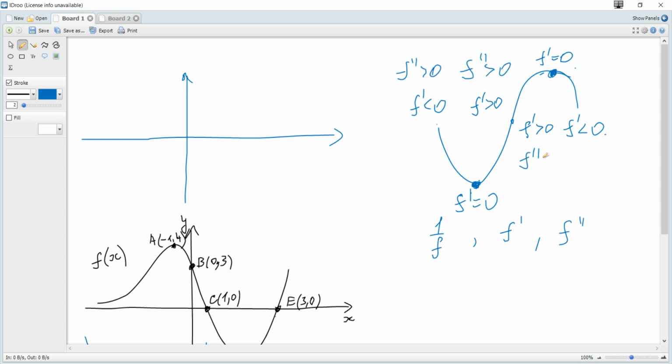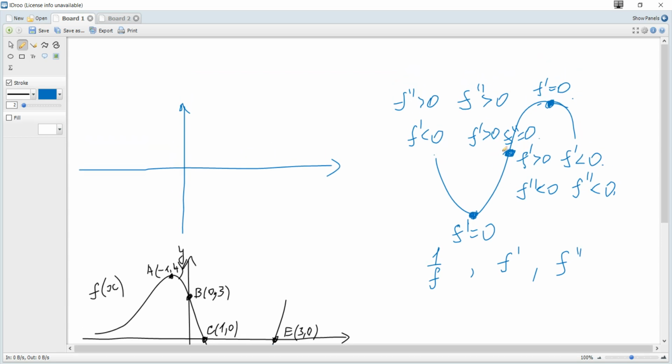Here the second derivative is negative because it's concave down, and a point where the second derivative is 0 is called a point of inflection, and that's a necessary condition. You also need to show that the second derivative changes sign, or you need to show that the third derivative is not 0. It's enough to show that it's a point of inflection.